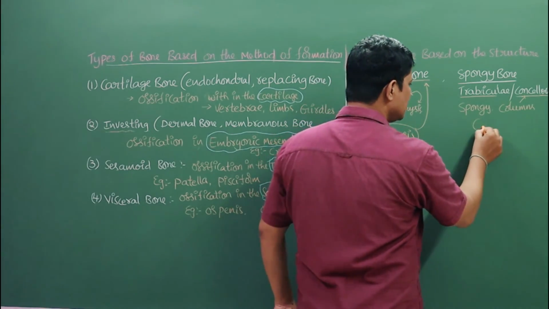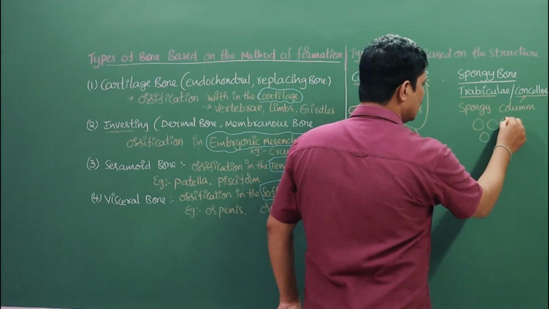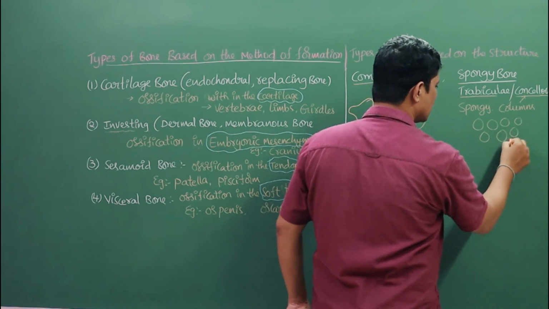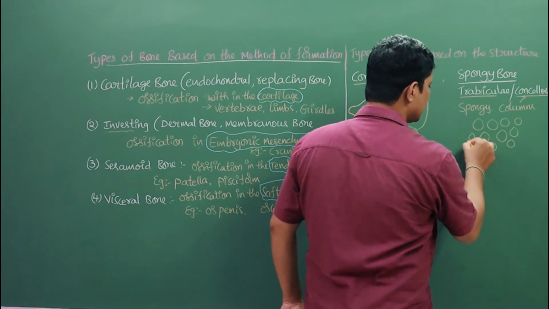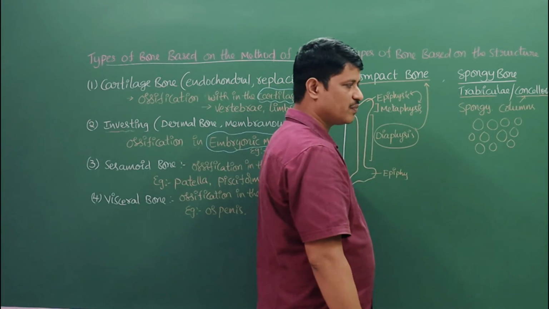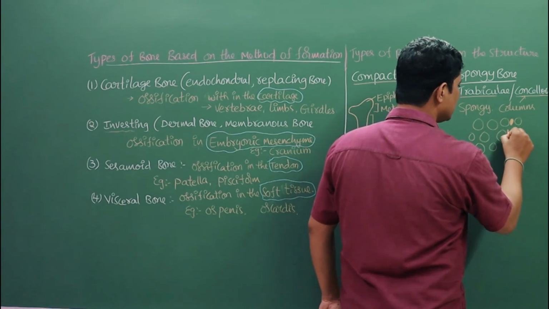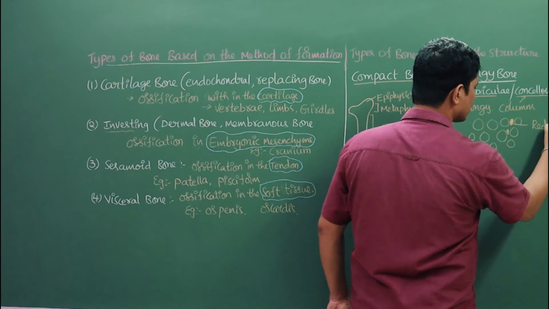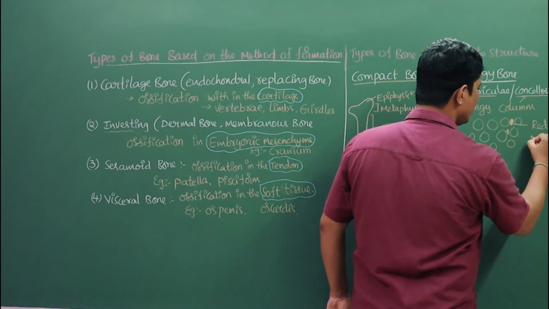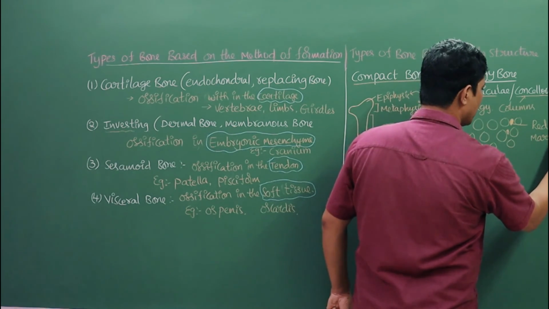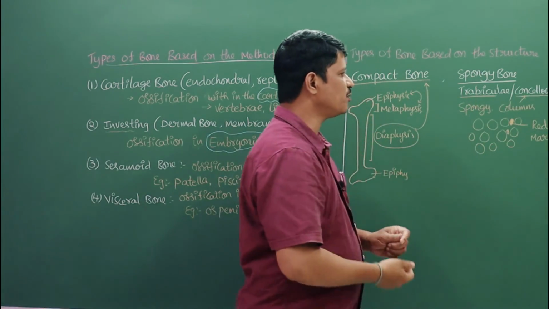The spongy bone contains irregular intercellular spaces that are filled with red bone marrow. This is the structure of the spongy bone.